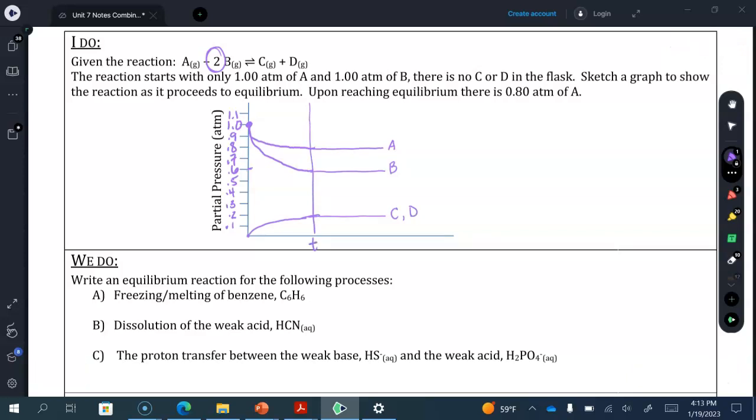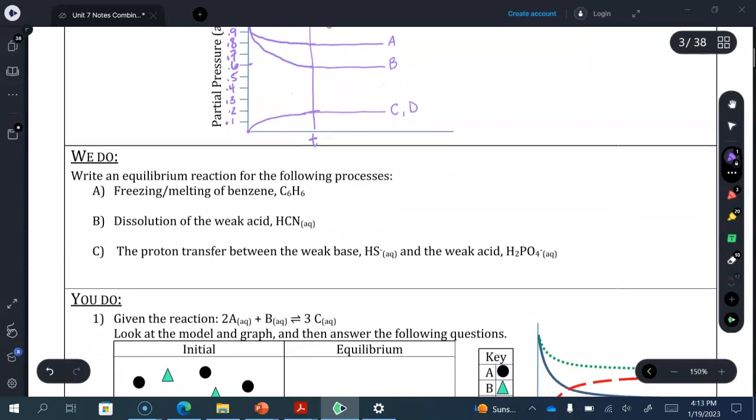Okay, and so that is our equilibrium point. The lines should be straight after equilibrium is reached. If mine are kind of curving up, it's because I'm drawing this on my laptop, but they should be straight and have no slope, or the slope should be 0. And the changes should match the stoichiometric ratio if we're given starting amounts and ending amounts.